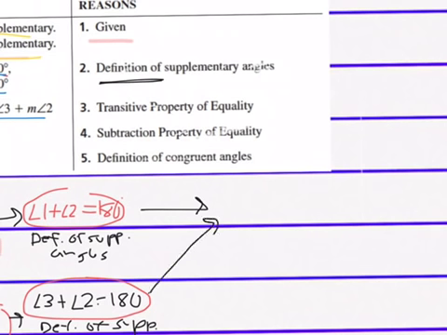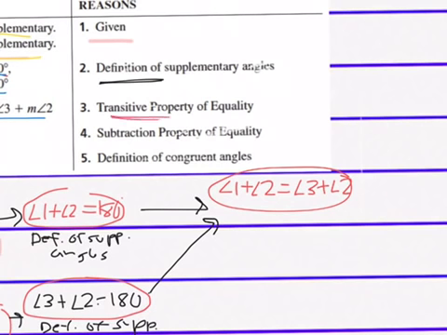Two arrows connecting to the third line, which was that angle 1 plus angle 2 equals angle 3 plus angle 2. And my reason for this, I can see it still, transitive property.